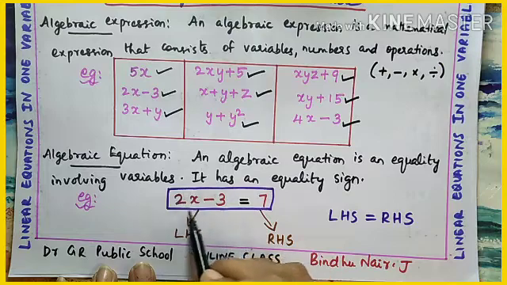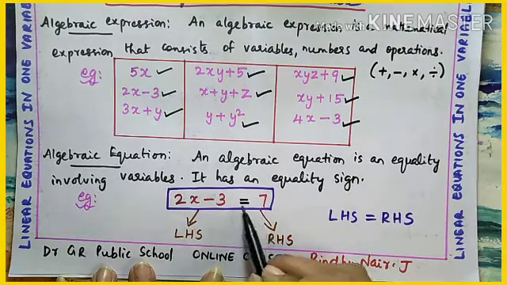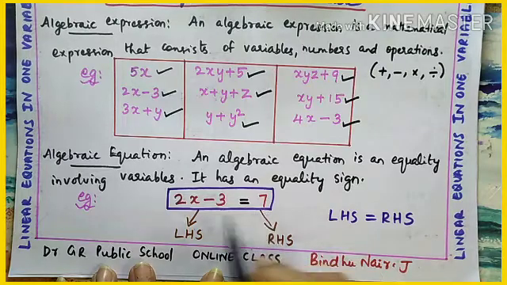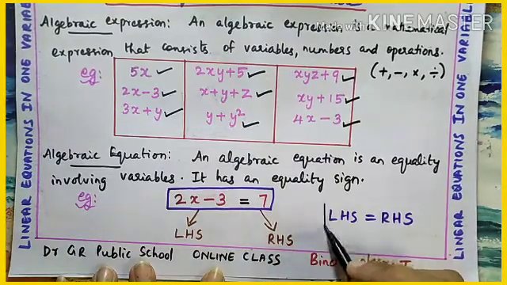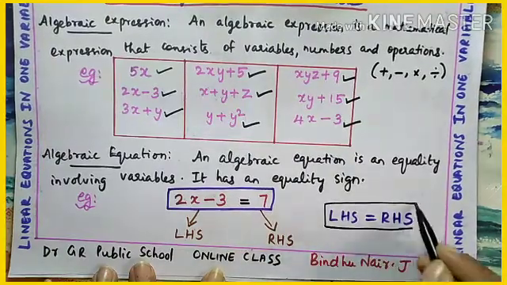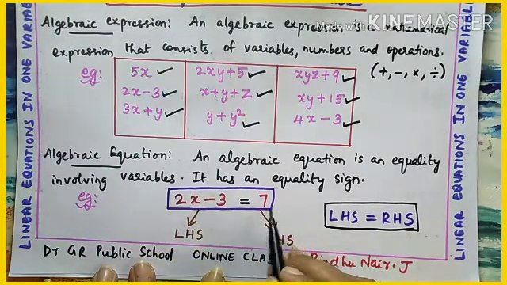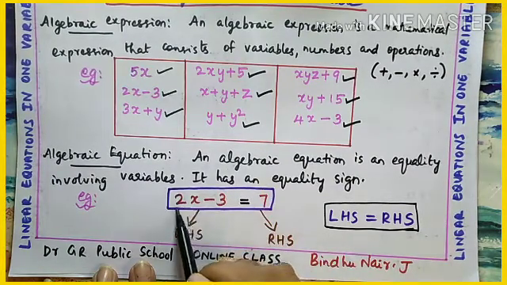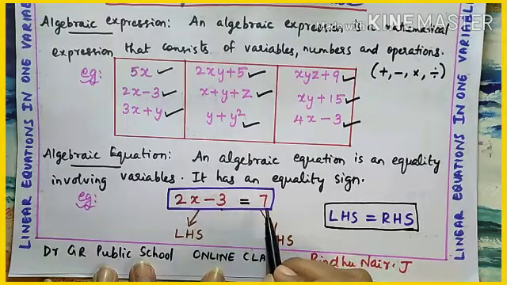Here you can see on the left hand side, LHS. LHS means left hand side. 2x minus 3 is an expression. And on the RHS, right hand side, there is a number 7. Okay, so this LHS equal to RHS. So this equality shows an equation. It is called an algebraic equation because there is an algebraic expression with one variable x equal to a number.